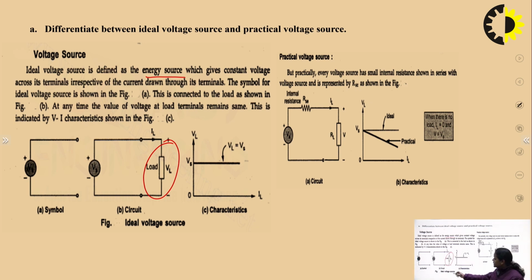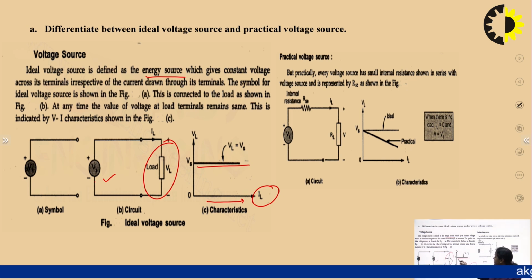You can see in this circuit, this is the voltage source, and Vs and Vl will have the same value irrespective of the load current. The load current is increasing, but we will get Vs equal to Vl. These kinds of sources are called ideal voltage sources, and at any time the value of voltage at load terminals remains the same, and this is indicated by the VI characteristic.